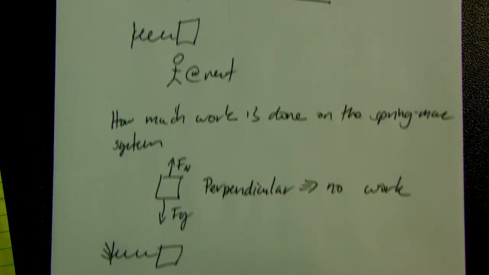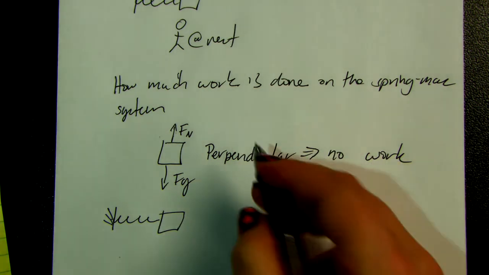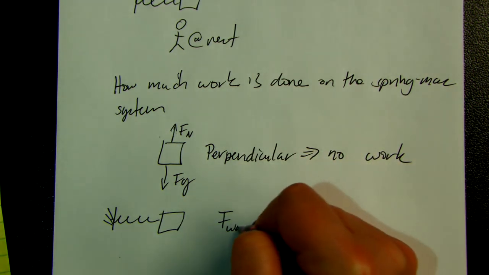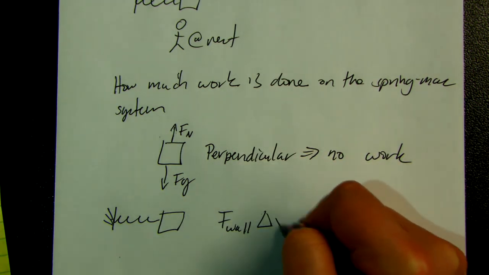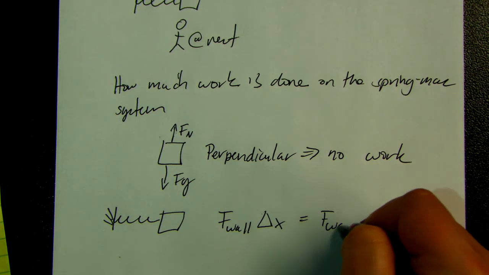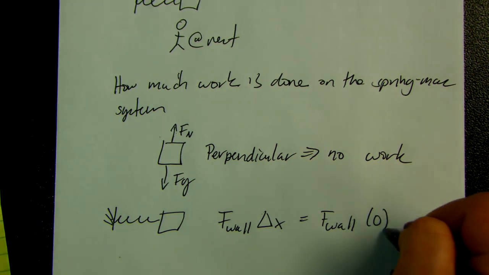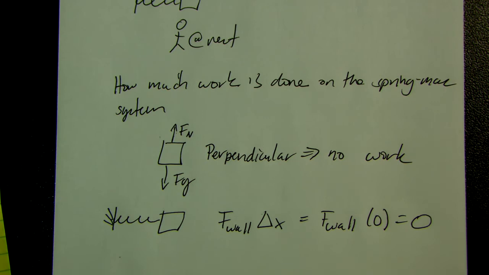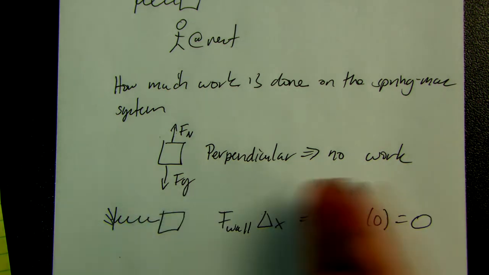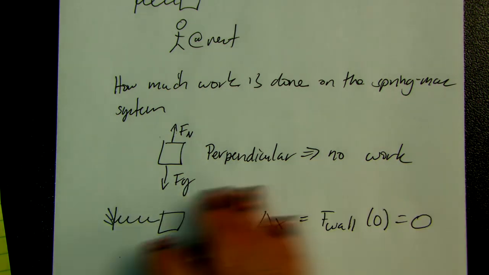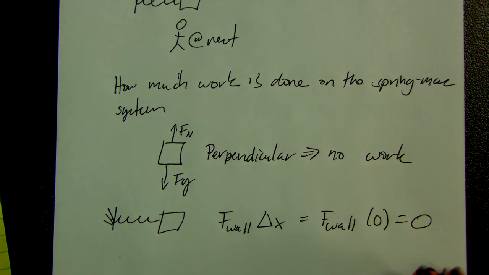It's holding it in place with a force. But if we look at the force of the wall through displacement delta x, it's just force of the wall times 0, which is 0 because it's not moving through any distance. There's no work to be done.